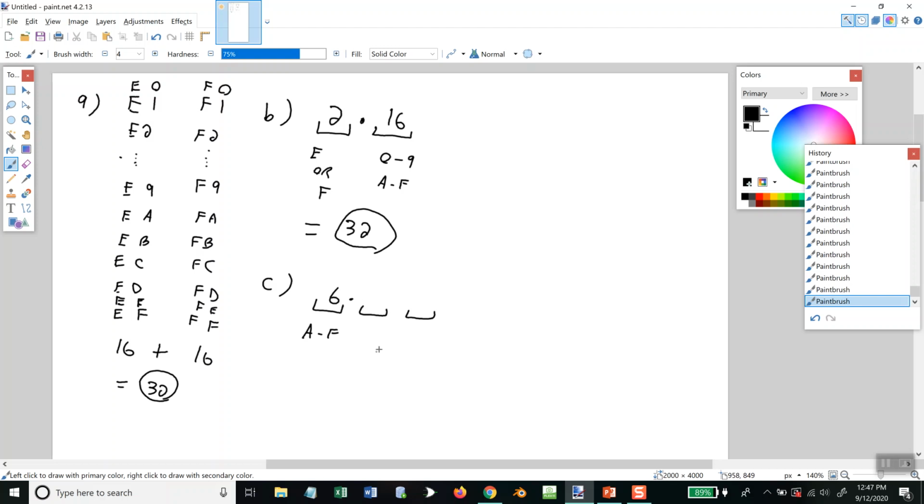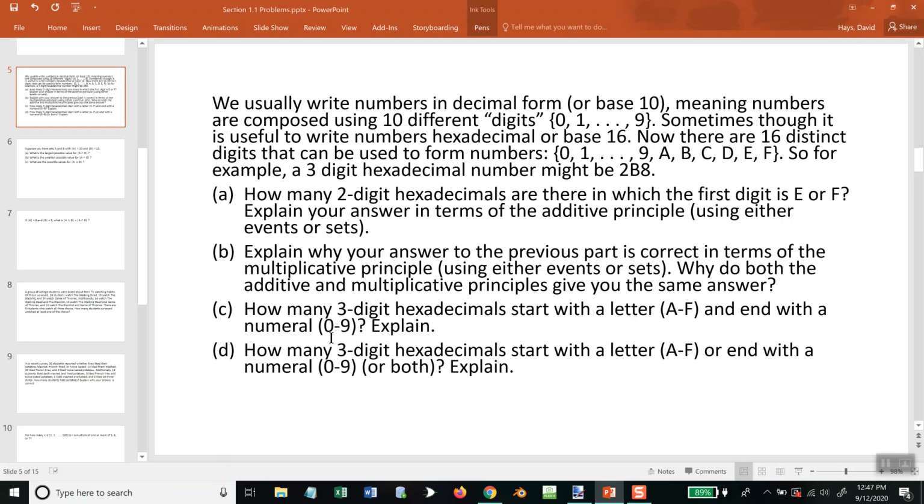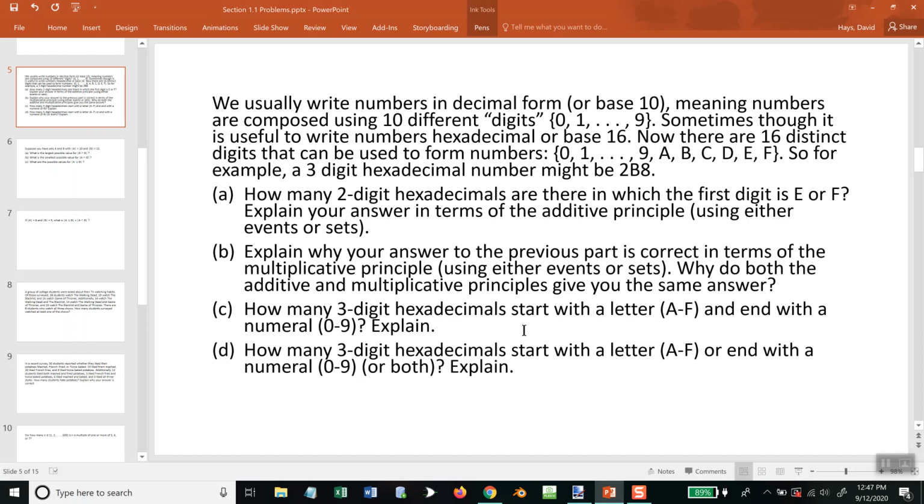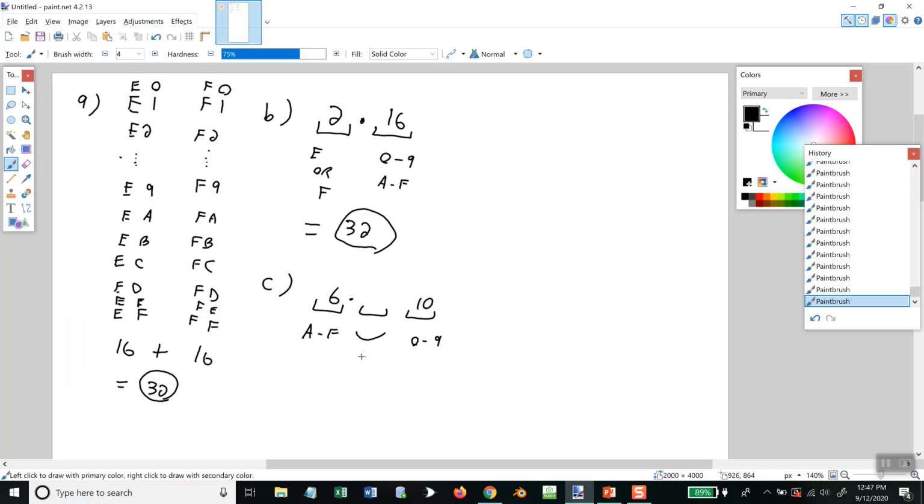And they end with a numeral 0 through 9, so that last part is 10 possibilities. Now, they don't say anything about the middle, but they do imply it's a hexadecimal number, which means it can be A through F, or it can be 0 through 9. So this is a total of 16 possibilities.